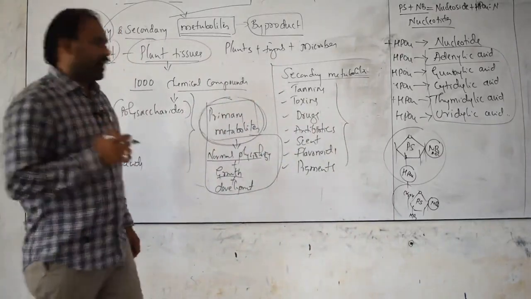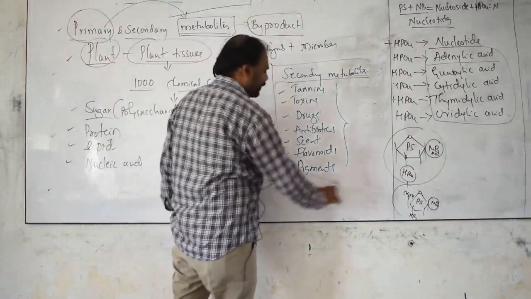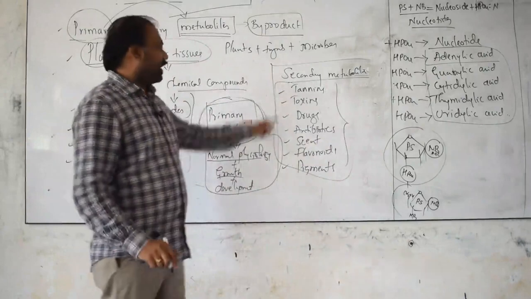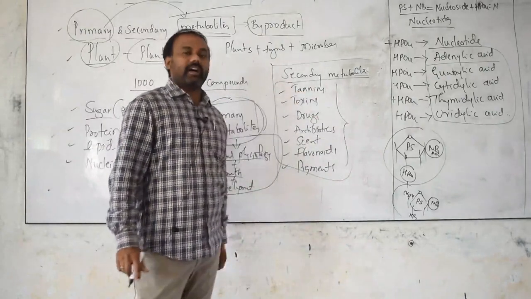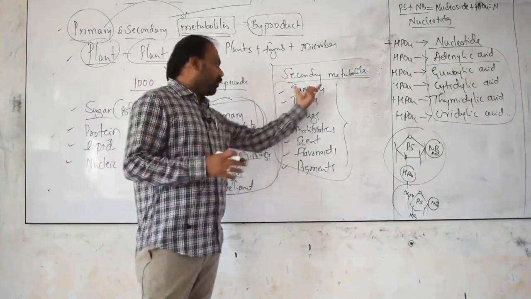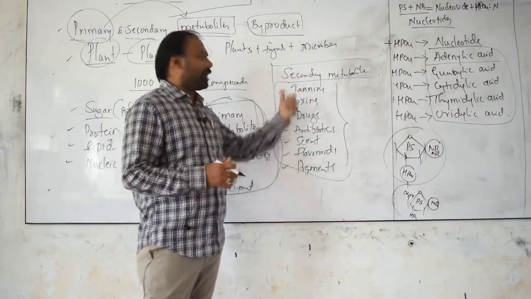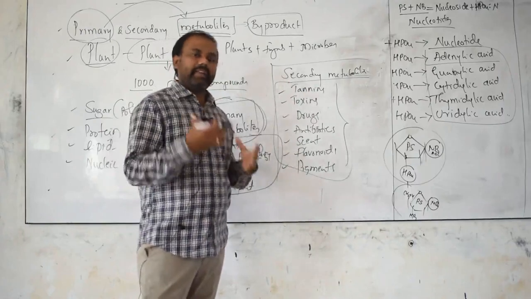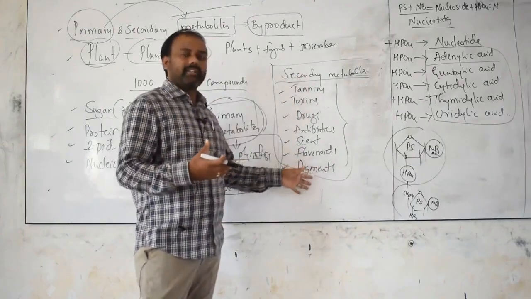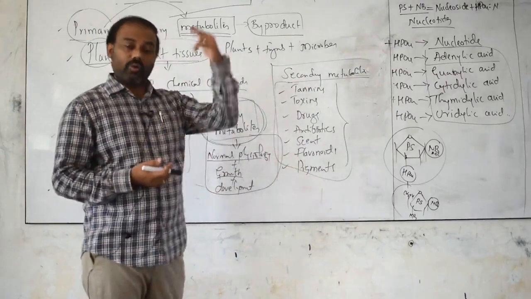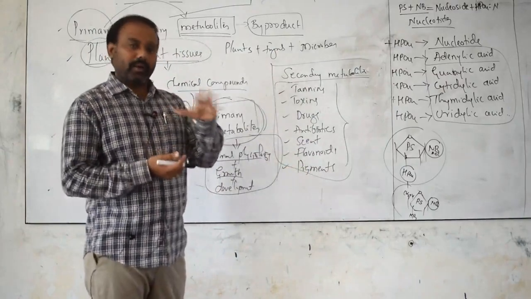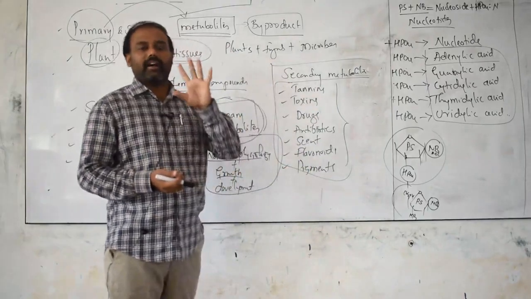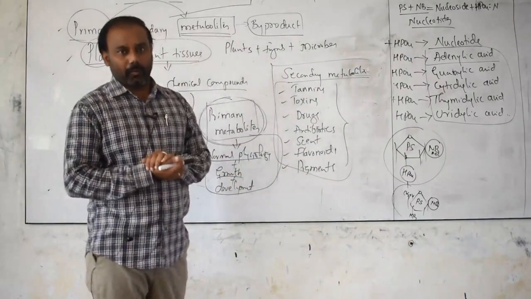Our scientists have discovered several thousands of different secondary metabolites, but till now the functional aspects are known only for some of them, and many secondary metabolites are yet to be discovered along with their functional aspects. Some secondary metabolites are already discovered, but their functional aspect is unknown.